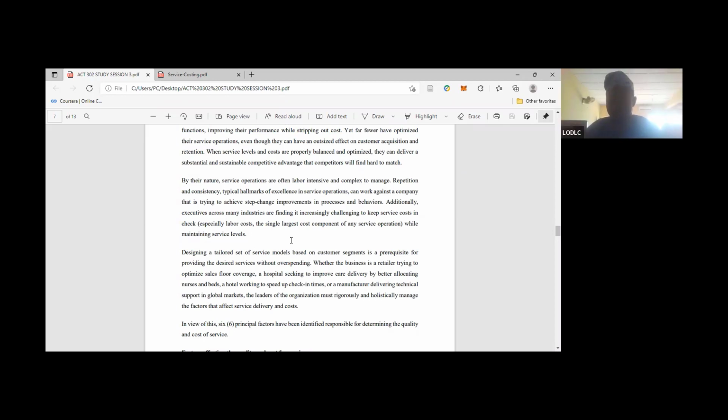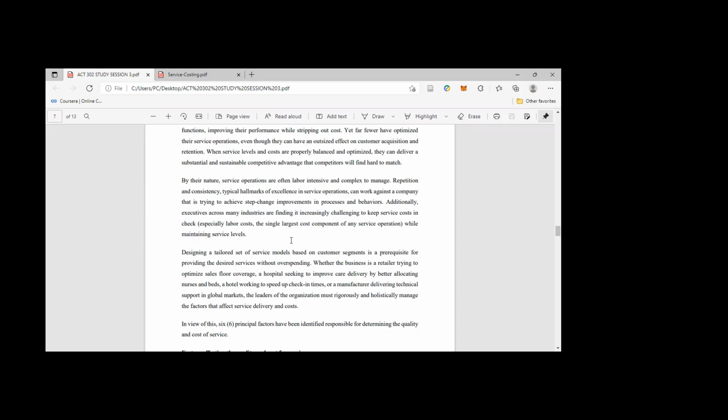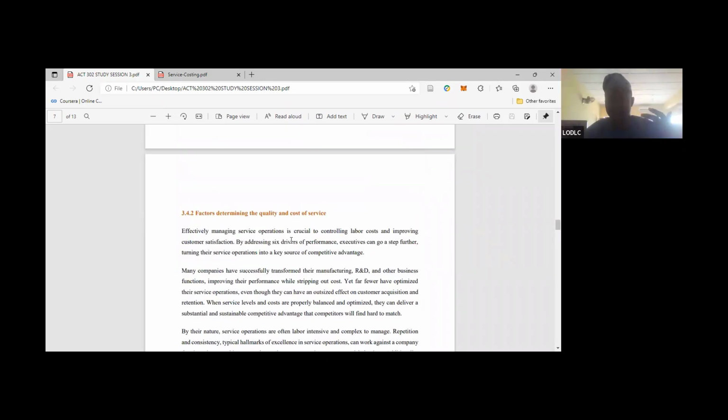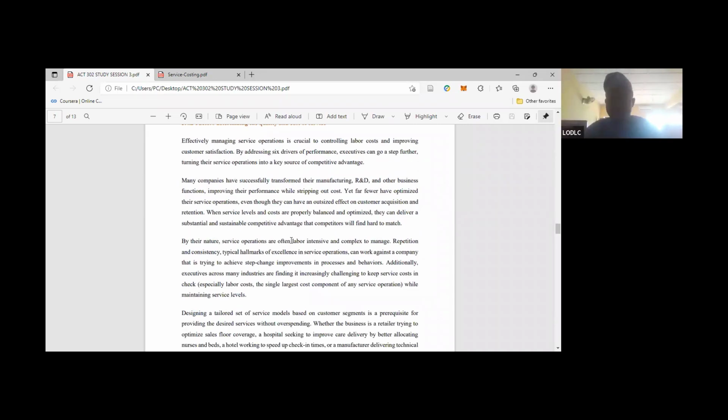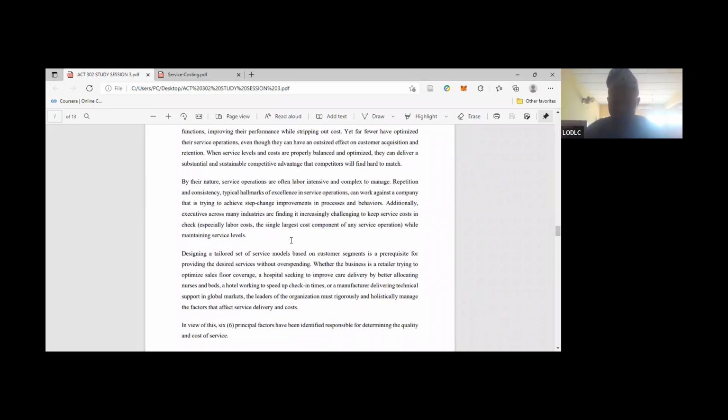Labor cost is very important while maintaining service levels. So when we talk about the factors that determine the quality and cost of service, the importance of labor cannot be overemphasized.